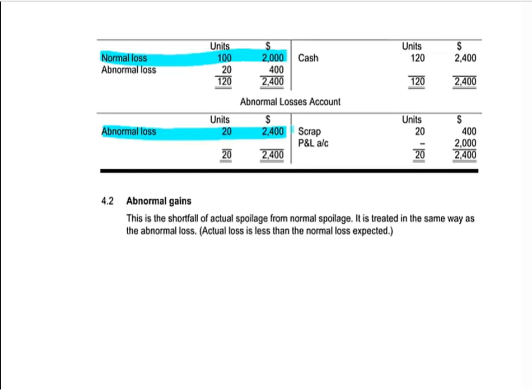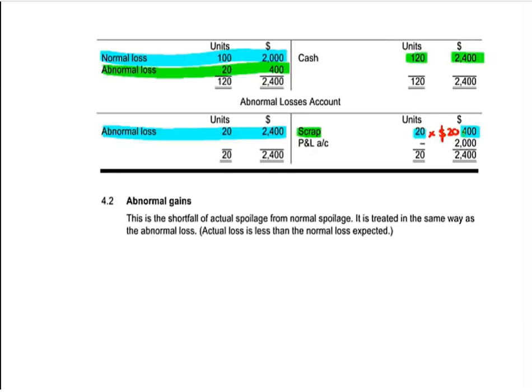Now it's expected that we would be able to sell those abnormal losses for the same scrap value as the other losses. So we've got 20 units of scrap and we can sell them for $20 per unit. So that gives us our $400. What we need to do though is take it out of the abnormal gains and losses account and put that into the scrap account. So we've now got 120 units to sell the scrap man for $2,400.